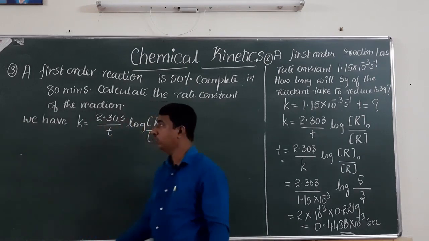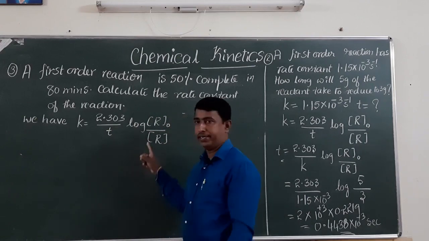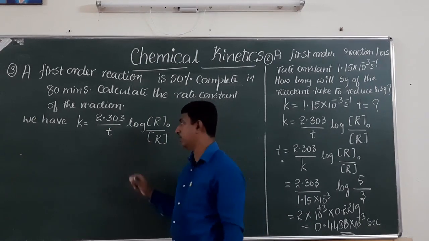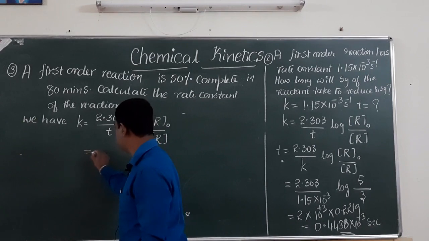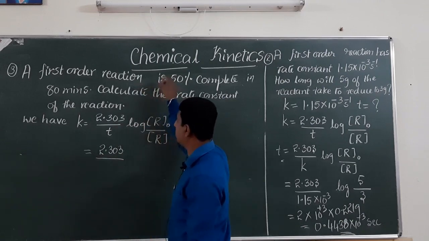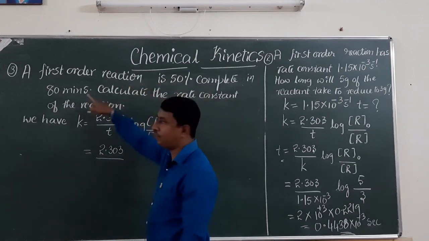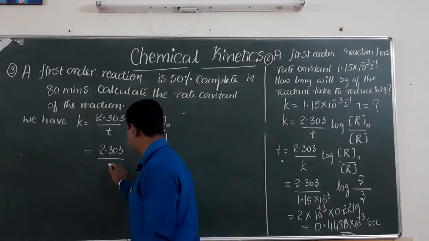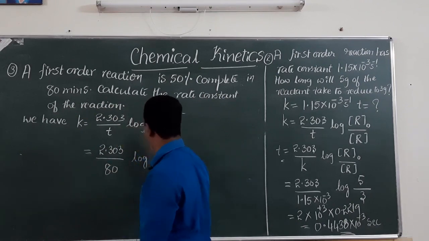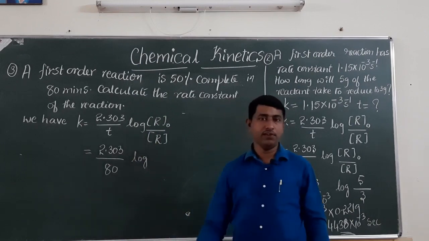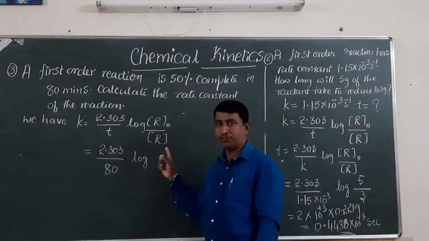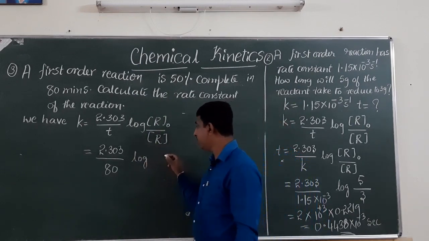K is equal to 2.303 by t log R naught by R. See, t means time. 50% complete in 80 minutes, so divided by 80 log. 50% complete means initial value, percentage is expressed in terms of 100, correct? So R naught value is 100.